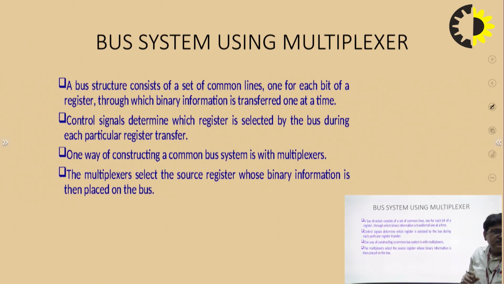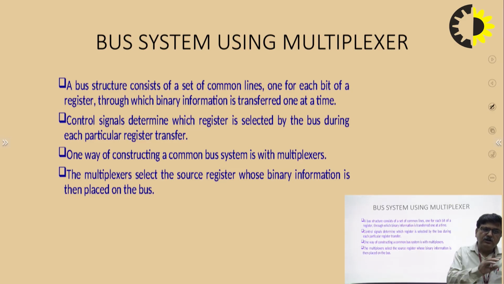So, the bus consists of common lines, one for each bit of a register, through which binary information is transferred at one time. Control signals determine which register is selected. As you know, the control bus gives the control signal.